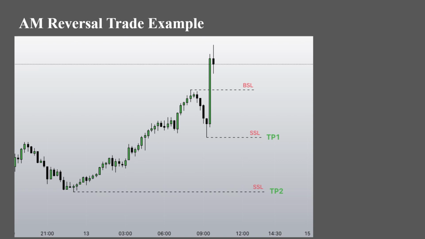Here, you wait to see a reversal, price to come back below buy side liquidity it swept, break structure, and form the PD array. You can see there are 2 sell side liquidity levels, which are single lows that we are targeting. The first one being take profit 1, where we take partials. The second one being take profit 2.